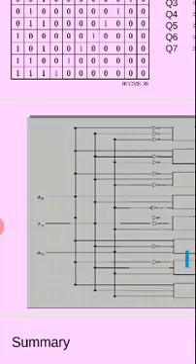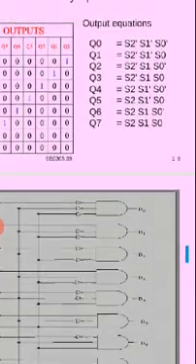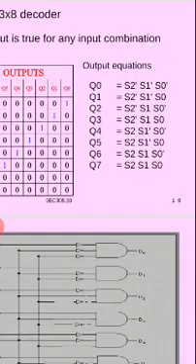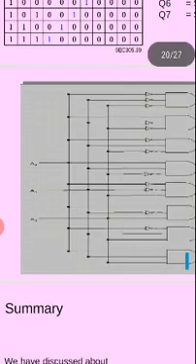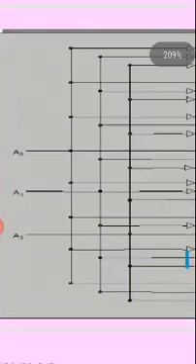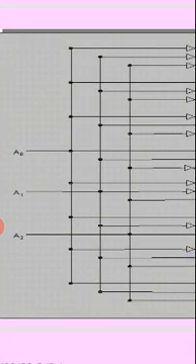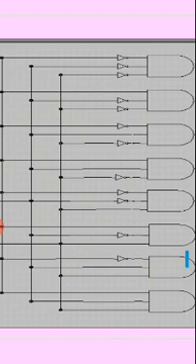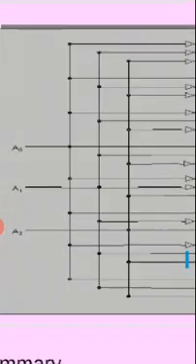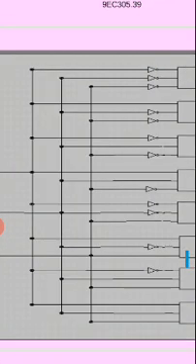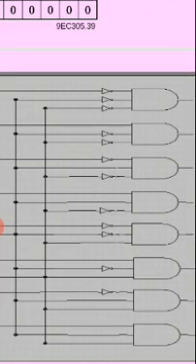So the logic diagram is the same as per the equations studied. There are 3 inputs, either S0, S1, S2 or A0, A1, A2, and for their complements NOT gates are used. For no complement, the input is given directly.